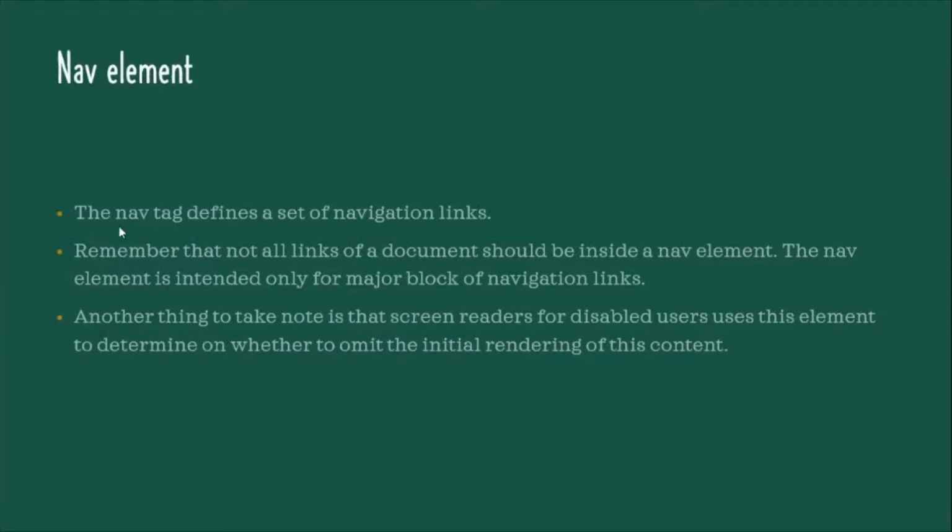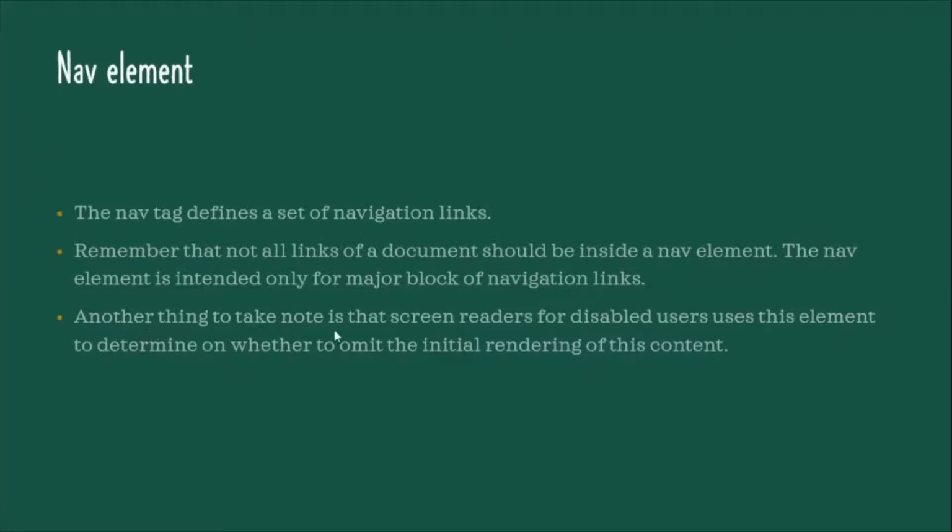So it says here, the nav tag defines a set of navigation links. Remember that not all links of a document should be inside a nav element. That's why we didn't actually place the aside element content, specifically the list items there, in the nav element. And it is intended only for major blocks of navigation links, guys.